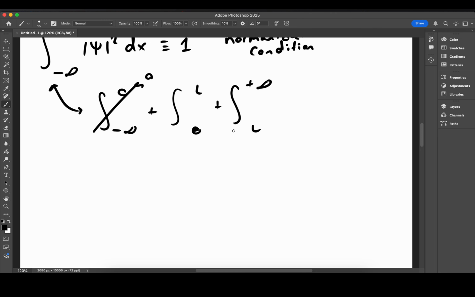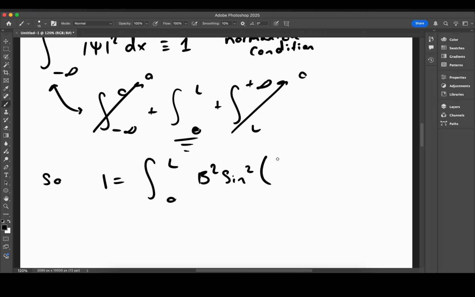So this goes to 0, this also goes to 0, and we're just left with this. We have that 1 is equal to the integral from 0 to L of the wave function squared, B squared sine squared of n pi x over L dx.